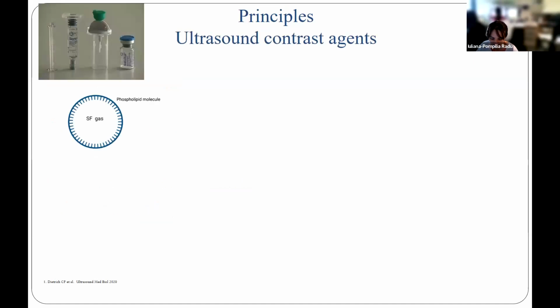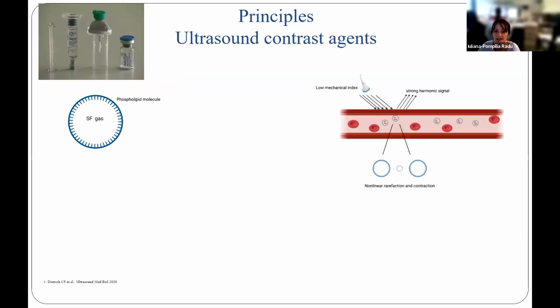What is the SonoVue? Because about this contrast I will speak more. It is a low solubility gas that is used to enhance the echogenicity of the blood. And because we use a low mechanical index, we don't see anymore the tissue.